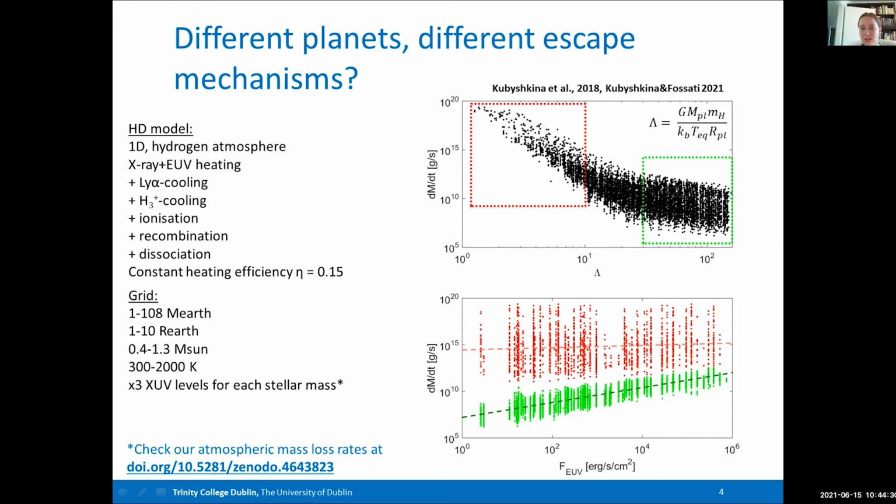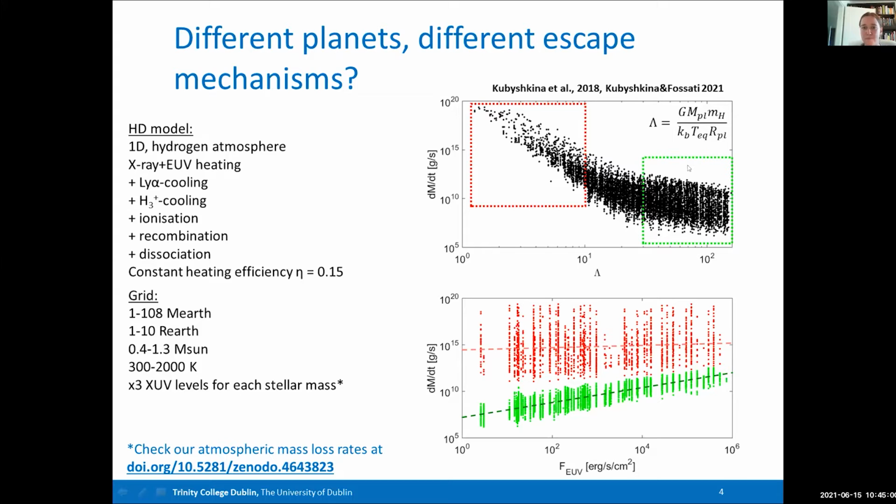One can see that we have two distinct branches in this diagram, where the branch on the left is composed mainly of low-mass, hot or very inflated planets, and strongly depends on the relation between the gravitational and thermal energy of the planet. And the branch on the right consists mainly of heavier, cooler, or more compact planets.